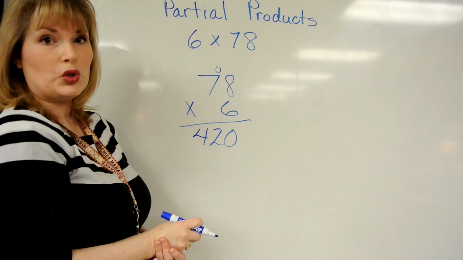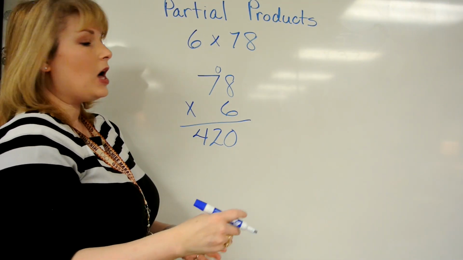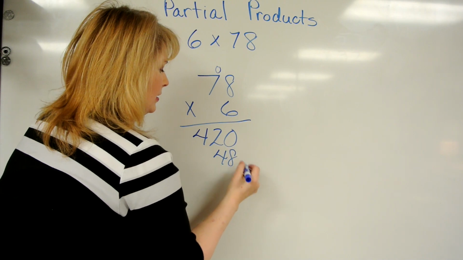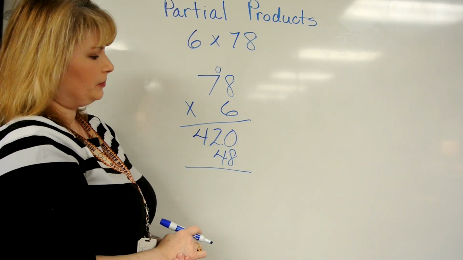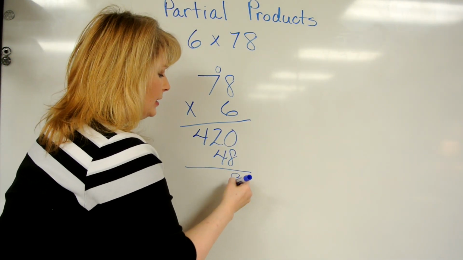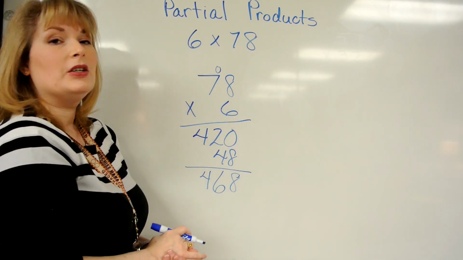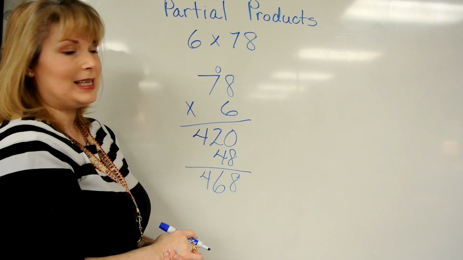is 420. Now 6 times 8 is 48. 0 plus 8 is 8. 2 plus 4 is 6. 4 plus nothing is 4. Final answer is 468.